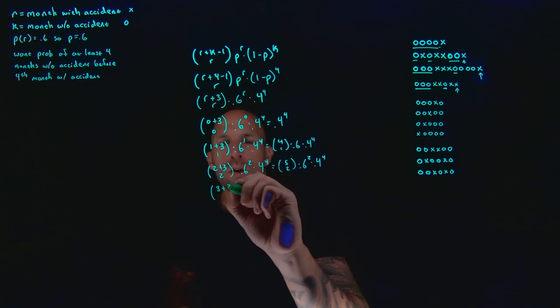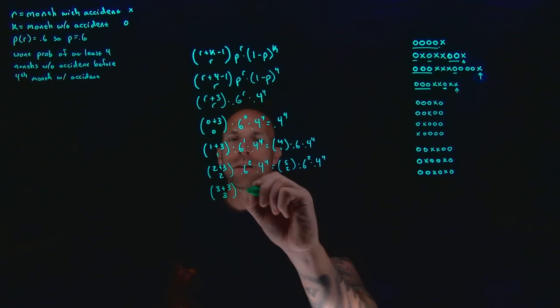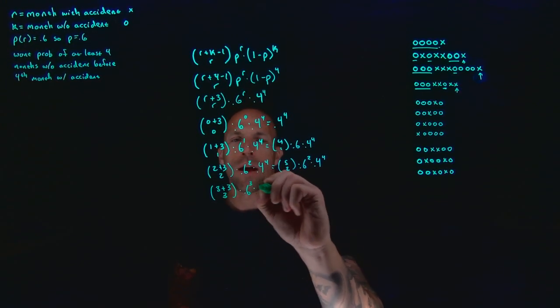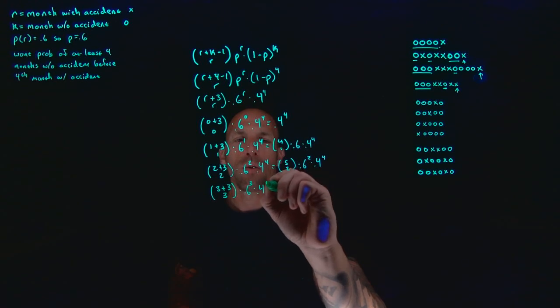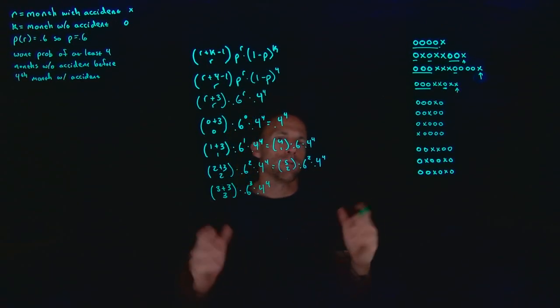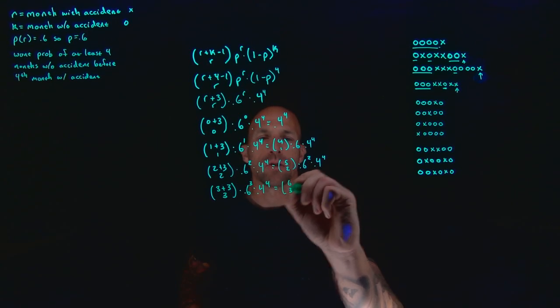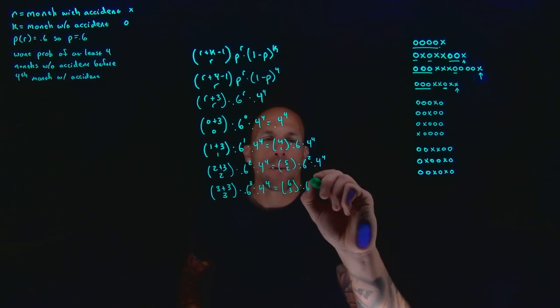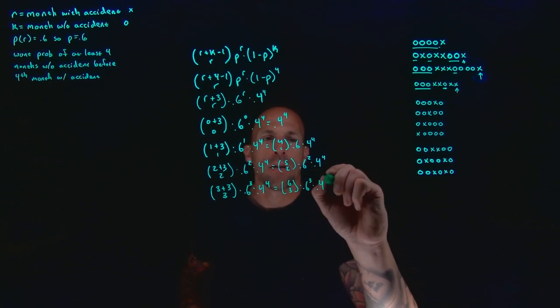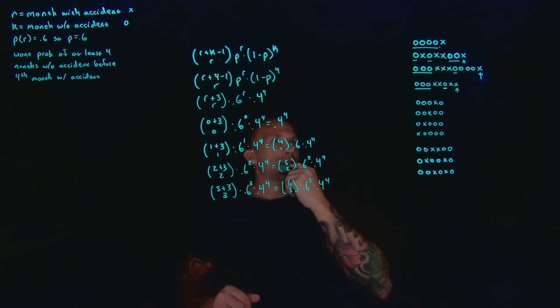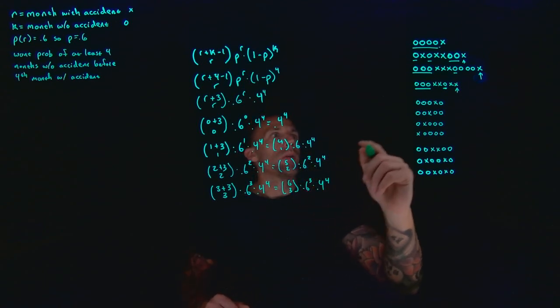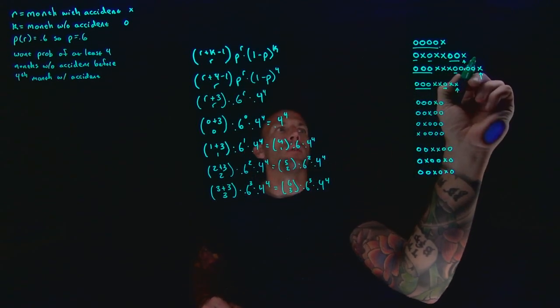And before we get to our 4th accident, we could have 3 other accidents mixed in with our first 4 months without accidents. So 6 choose 3. And let's see, this would be an example of that right here, right?